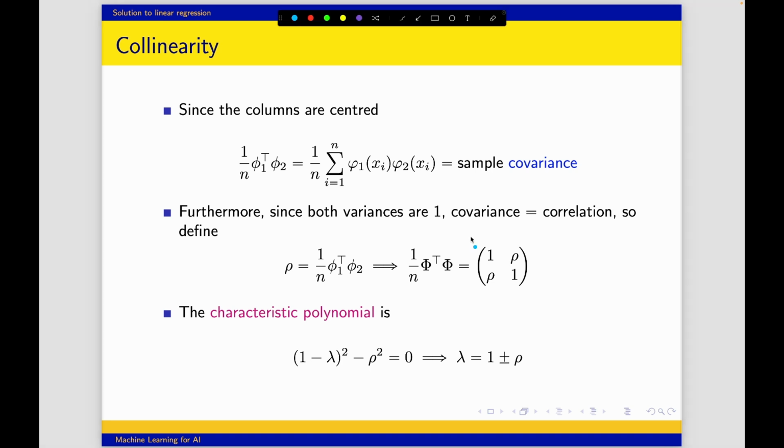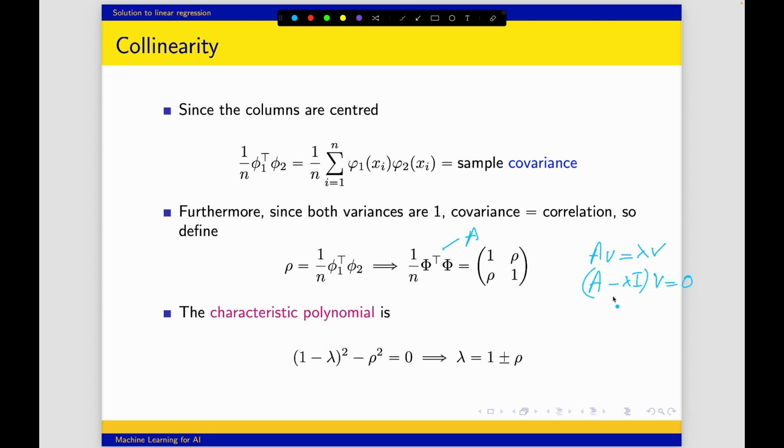Let's call this A, and the eigenvectors V will satisfy A V equals lambda V, or A minus lambda I, V equals 0.